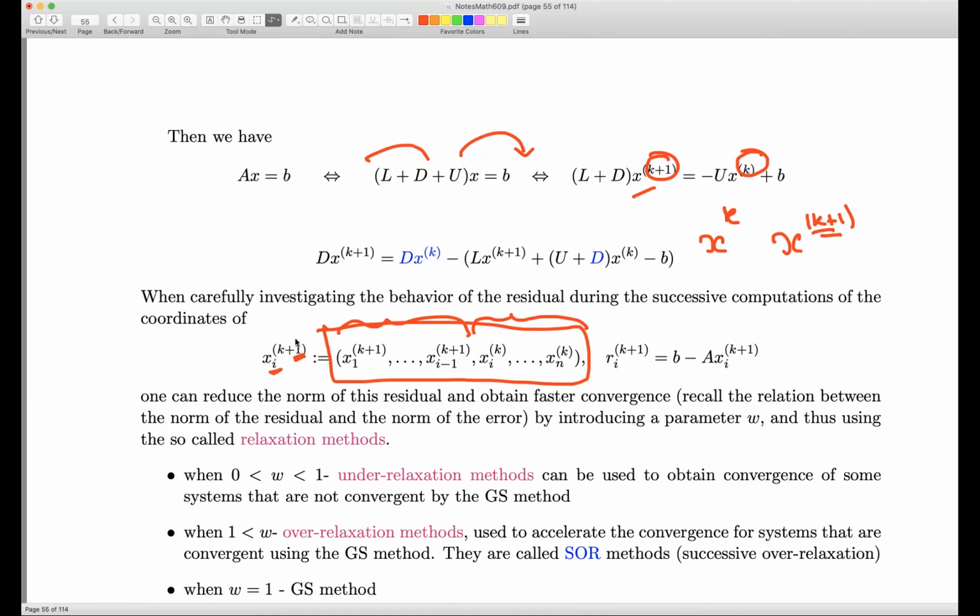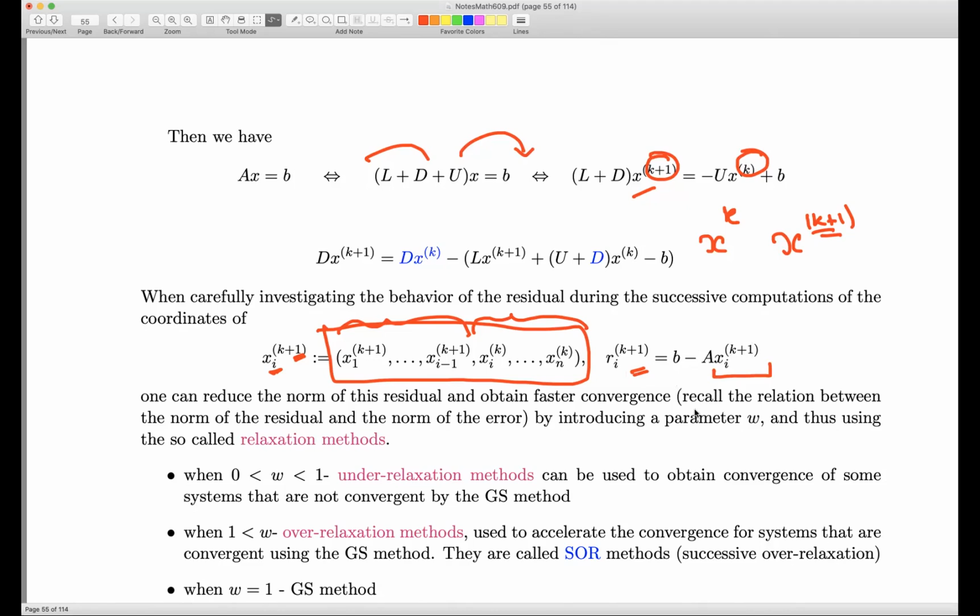Now, this vector can also be used to approximate x, and therefore we can look at its residual. Namely, we can look at b minus A applied to this vector, which tells us by how much this vector fails to satisfy the system.